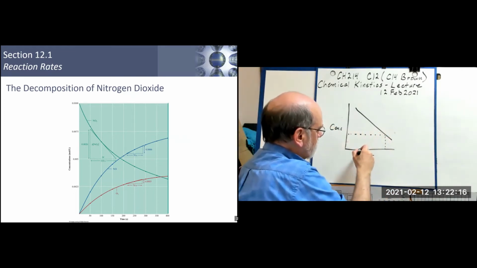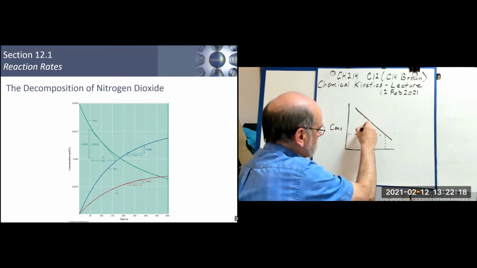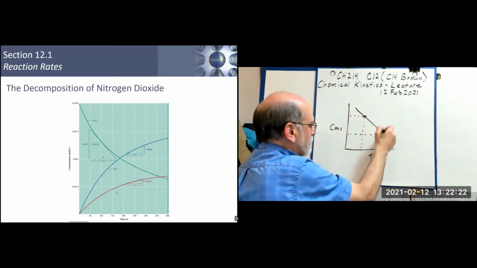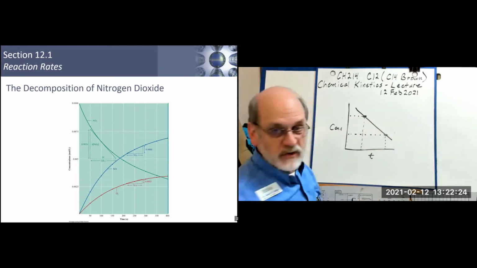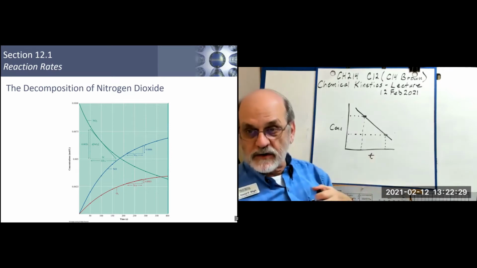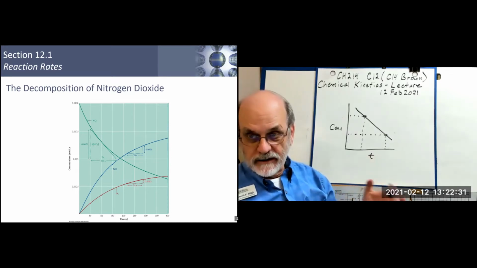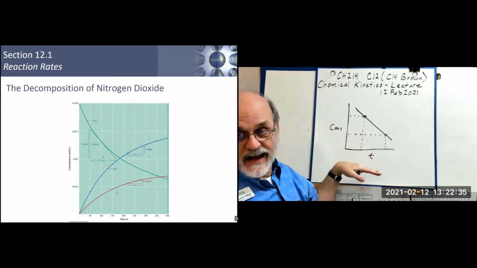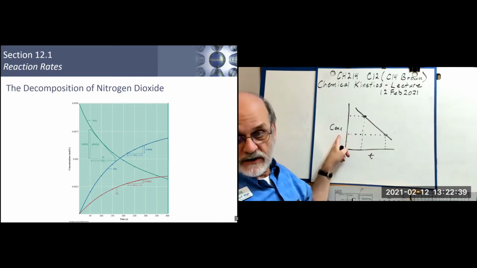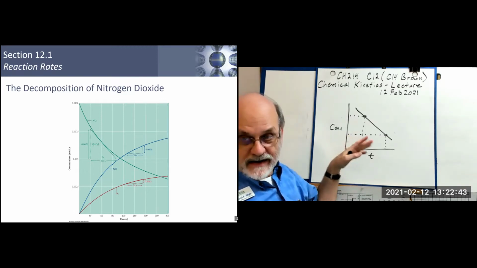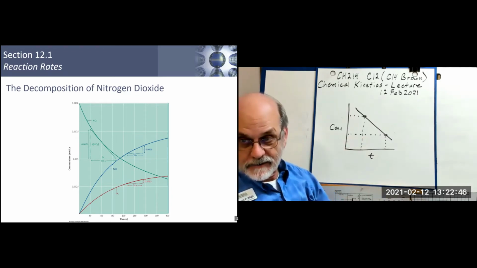There's one, and here's one. So between those 2 points, what's the slope of that line? Remember, slope is rise over run. So it's the change in y divided by the change in x. The change in y is concentration. Change in x is time. The slope of the line is the reaction rate.